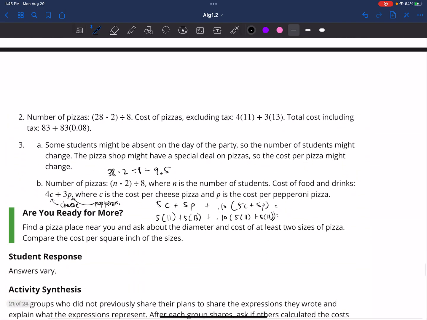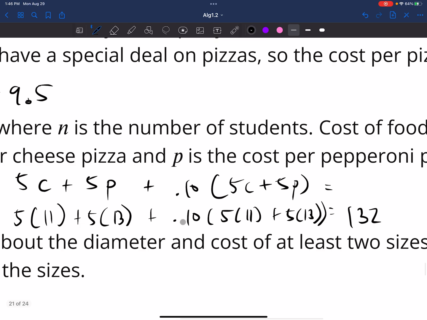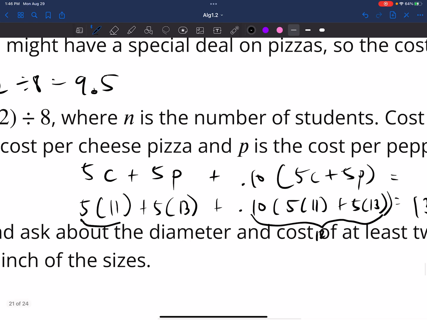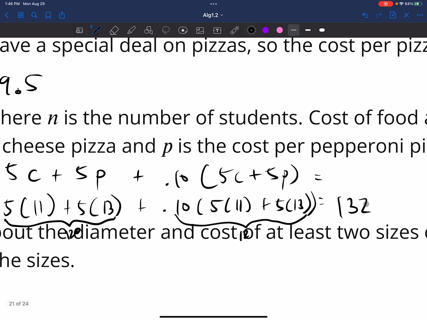This entire thing is equal to 120 because this and that are the same thing. If you doubt me, put it in the calculator and multiply by 0.10. 0.10 of 120 is 12, and 120 plus 12 is 132.